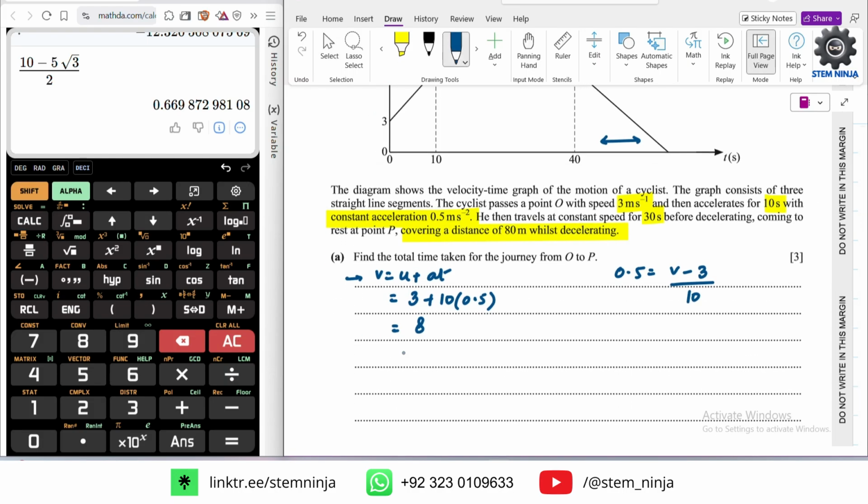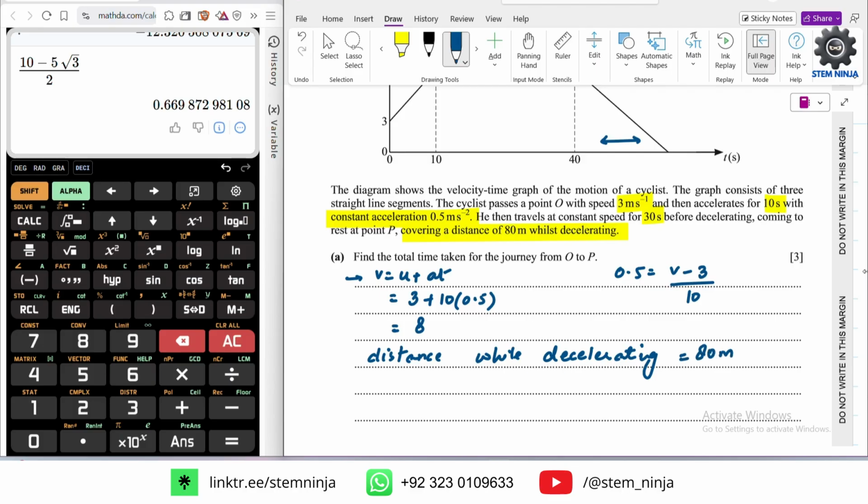So distance covered while decelerating is 80 meters.